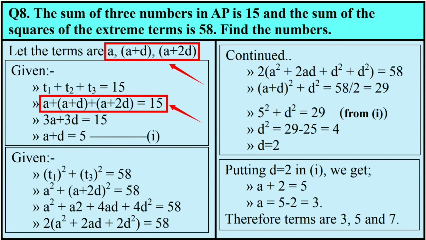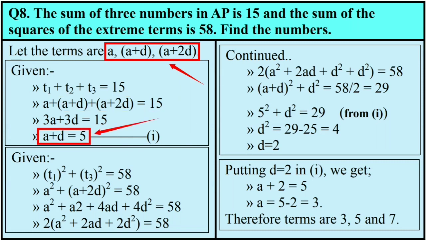Observe the next statement where we find that T1, T2 and T3 are replaced with a, a plus d and a plus 2d respectively. And then we simplify the equation and find that a linear equation is obtained in terms of two unknowns a and d, and the equation is a plus d equal to 5.